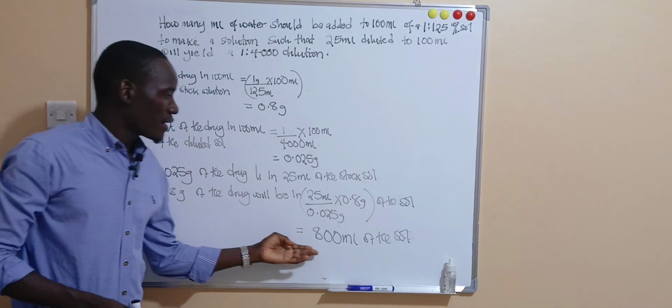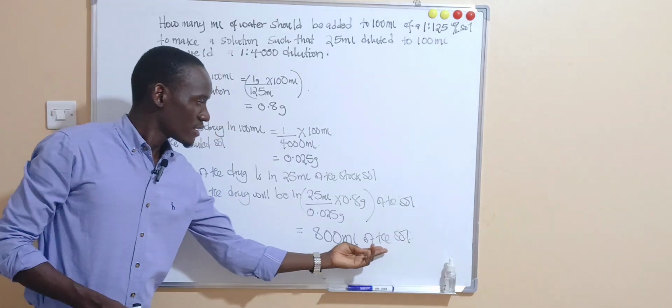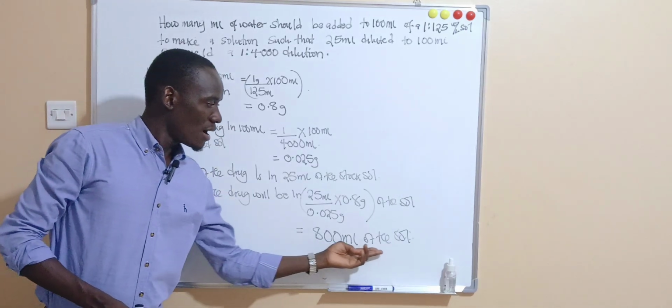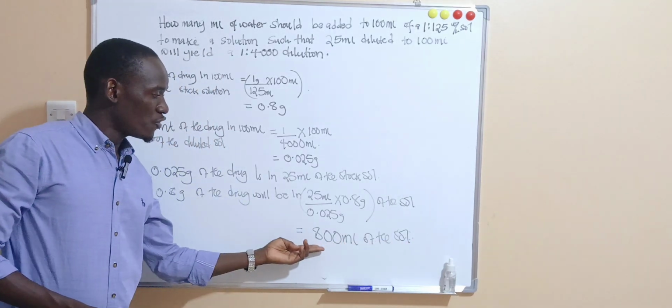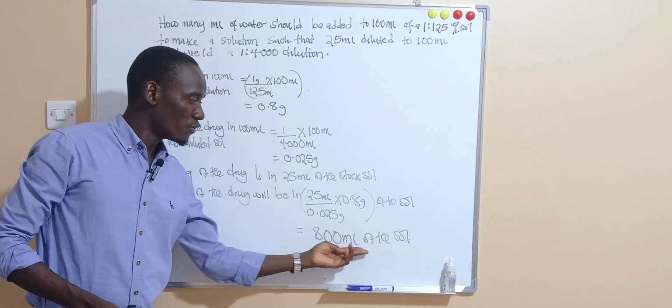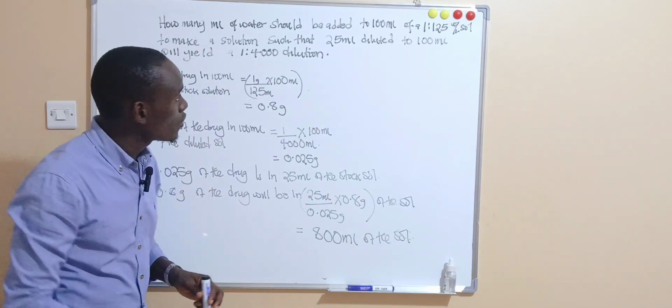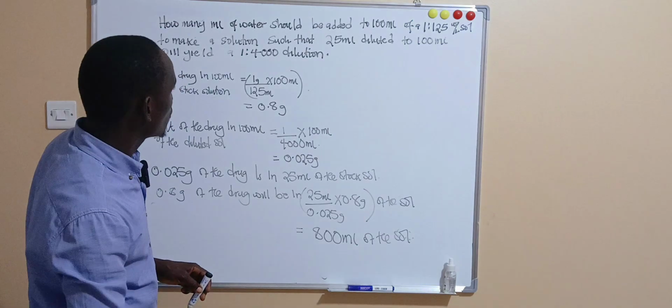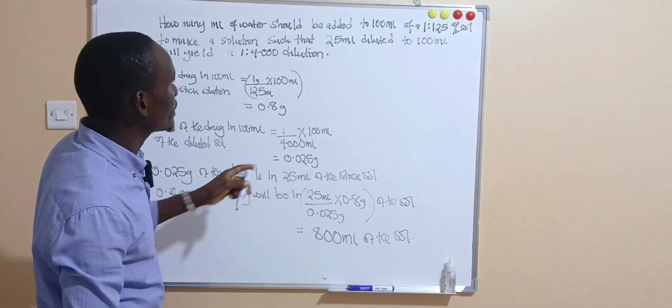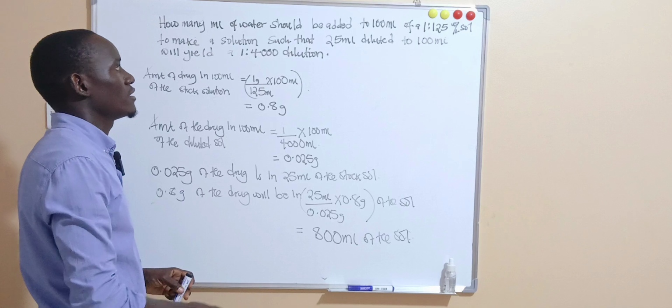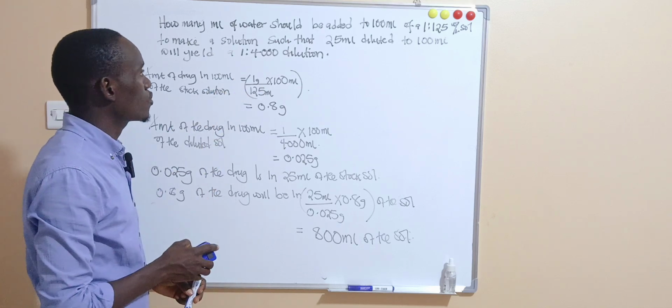So this is our volume, total volume of the preparation. So we are going to obtain amount of water that was added to our stock solution.